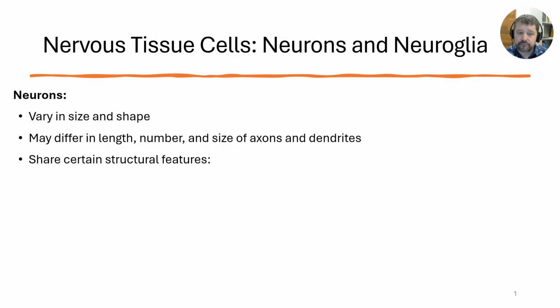Neurons can be fairly large, and they can be fairly large because of dendrites, which are these tentacle-like projections that come off the cell body. That increases the surface area of the neuron, which allows them to be larger than, say, a red blood cell, or even a white blood cell, or most other cells.